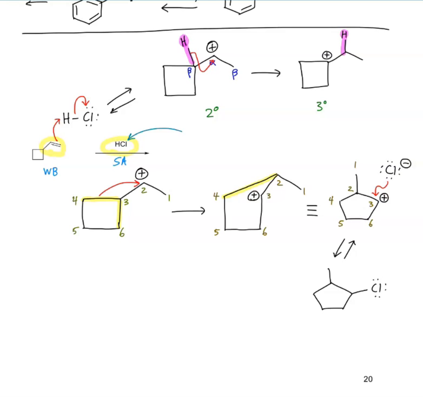And we get this as the product. Okay, so a few things. We started with a secondary cation. When we rearranged, that's still a secondary cation.